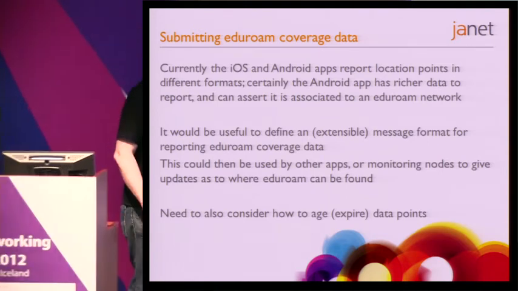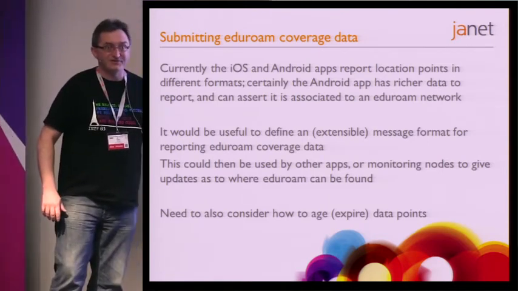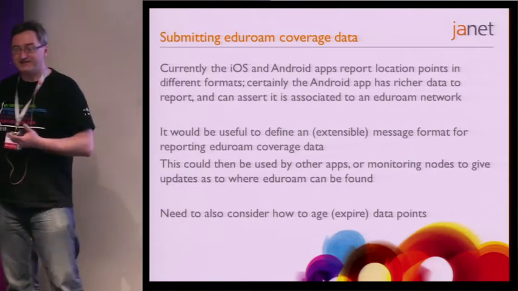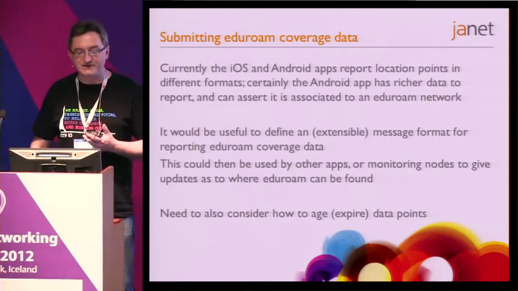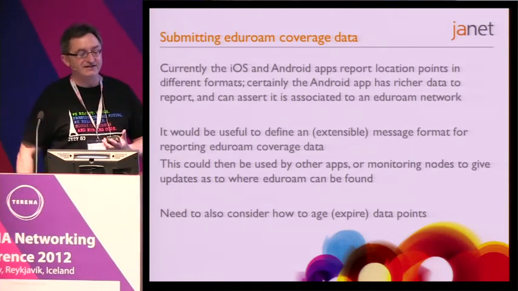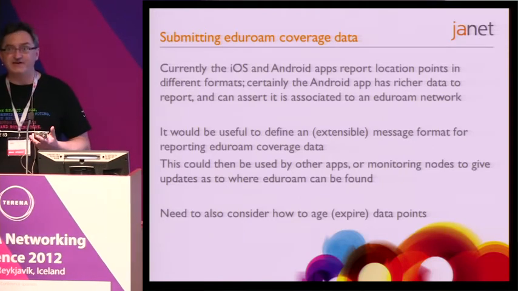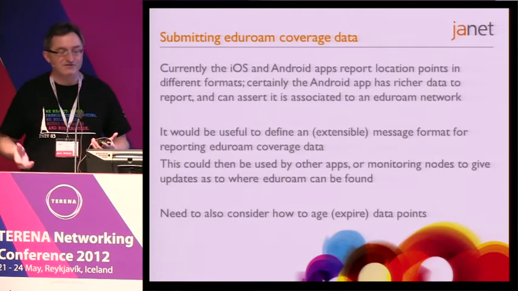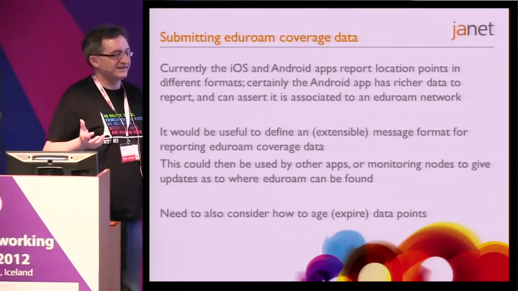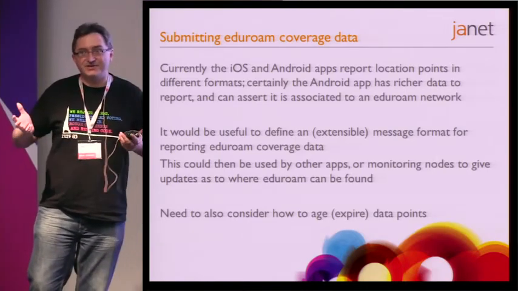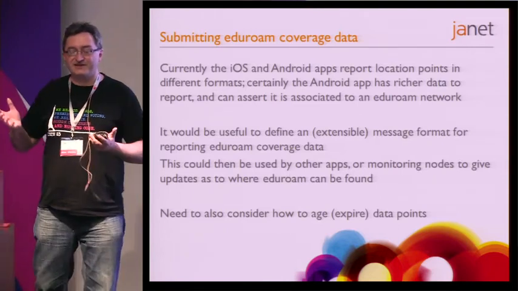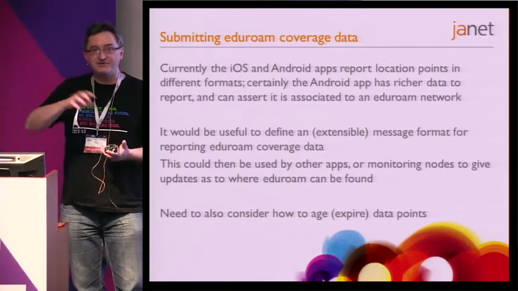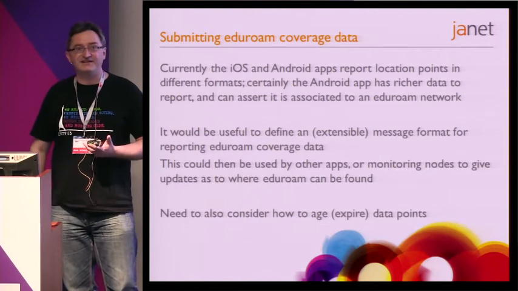And the last point here is that's all very well for contributing points and building up a distributed database of where these points are, where the coverage actually is. But then we might have situations where those points go away or the access points get moved, or we have a conference like this. I don't know whether eduroam is here permanently, but it's quite possible that come Friday, eduroam will disappear, but people have contributed a load of points saying there's eduroam here.